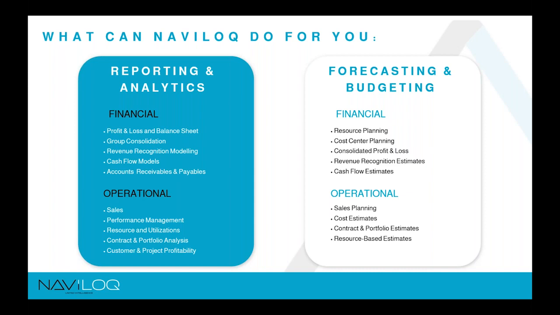So all traditional stuff ranging from P&Ls to balance sheet and cash flow are covered, both in terms of reporting and planning, as well as traditional operational reporting needs around sales, performance management, customer profitability analysis, you name it, we've got it all covered. And again, these are just examples to give you some food for thought in terms of what we're able to do for you. And there's really no limit in terms of the customizability that we can offer with Naviloq.